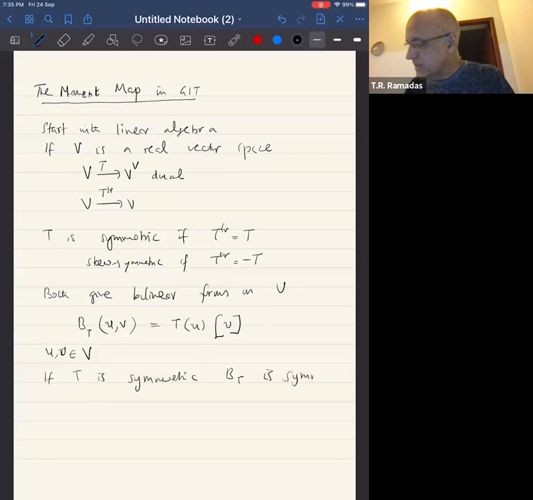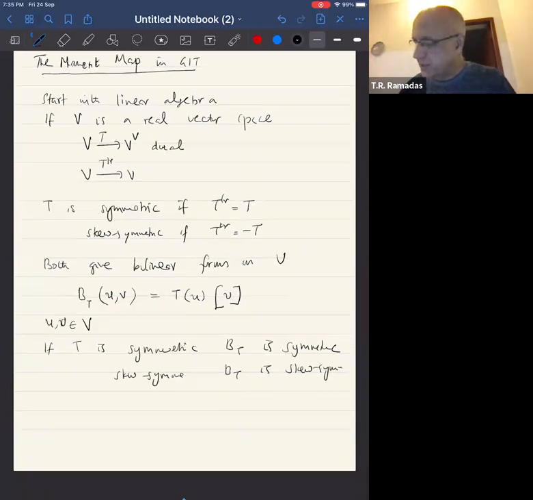The bilinear form is symmetric. And if T is skew symmetric, BT is skew symmetric. In fact, you can take this as a definition of symmetry or skew symmetry of a map from a vector space to its dual.